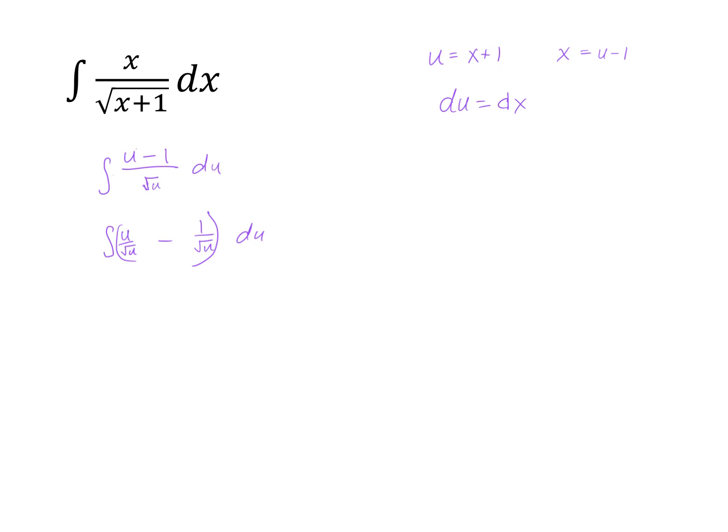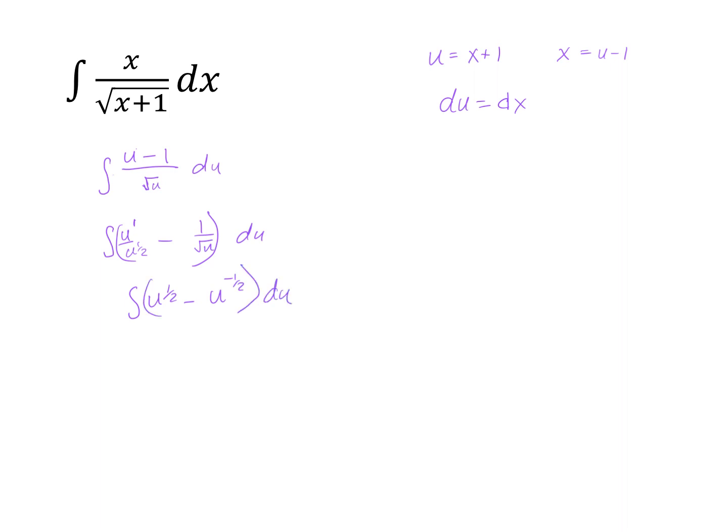Can we simplify u over square root u? Because this is like u to the 1, right? And that square root u is u to the 1/2. So all of a sudden I can just subtract my exponents there and say I'm integrating u to the 1/2 minus u to the negative 1/2 du.